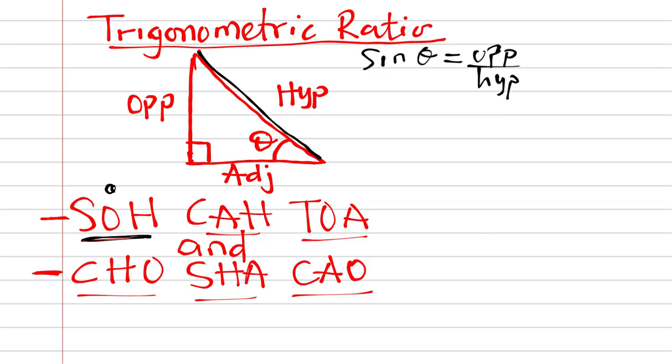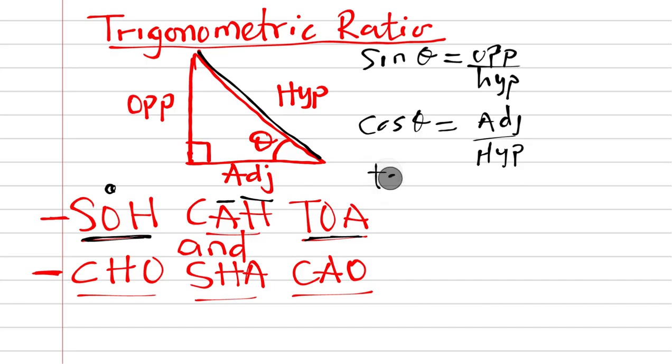Alright, so what is CA? CA means cos theta, adjacent over hypotenuse. And then this is TOA now, that's tan. Tan means tangent.